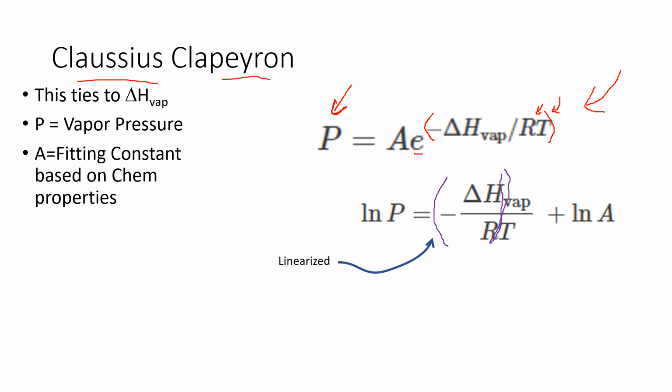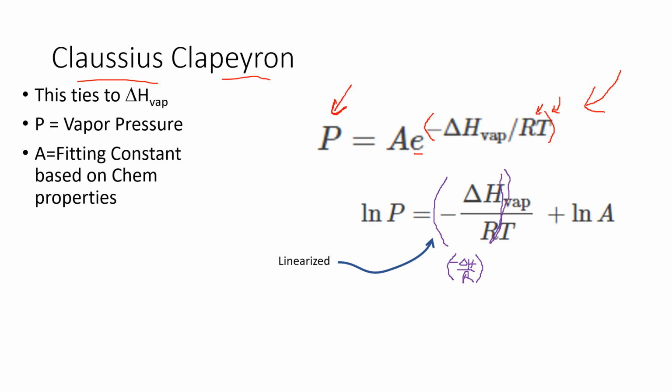So what I want to do is think of that negative delta H over R. That's like my m in y equals mx plus b, right?